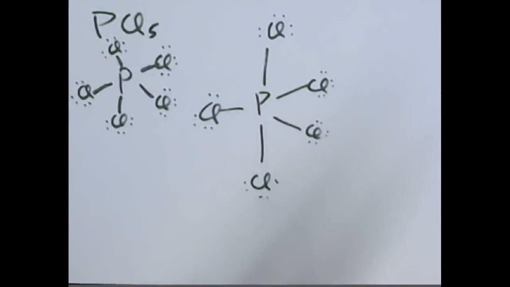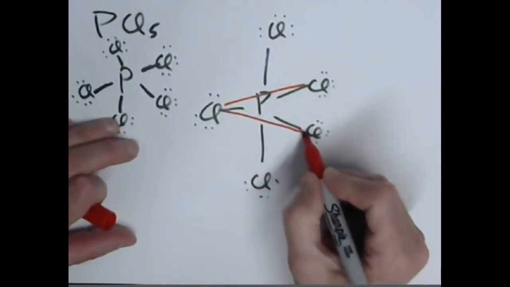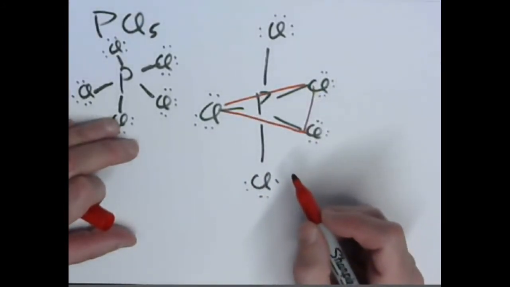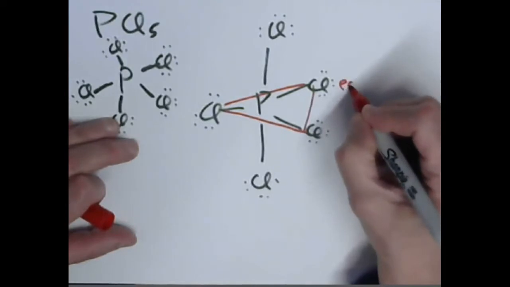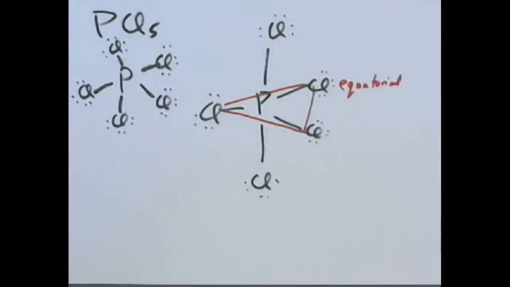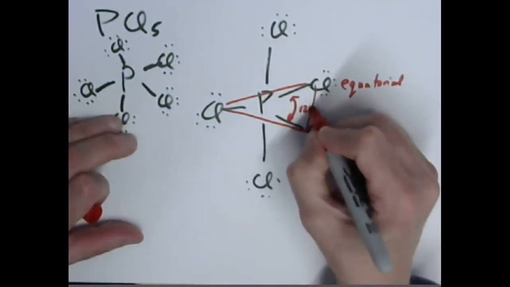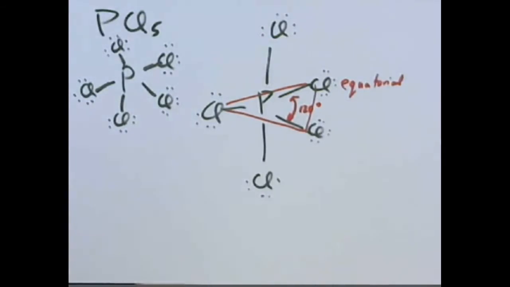We don't care about those non-bonding pairs on the chlorines, those peripheral atoms, but these 3 chlorines all lie in the same plane. And these are what we're going to refer to as being in equatorial positions. And those bond angles are 120 degrees.